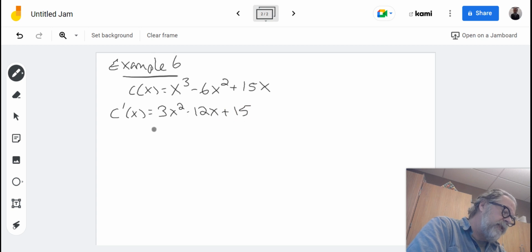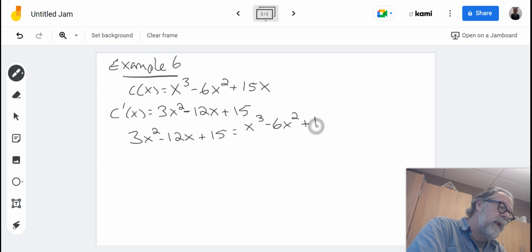And we want this to be equal to the average cost, which is x cubed minus 6x squared plus 15x divided by x.